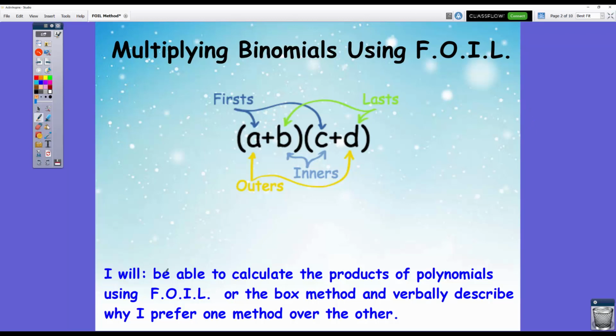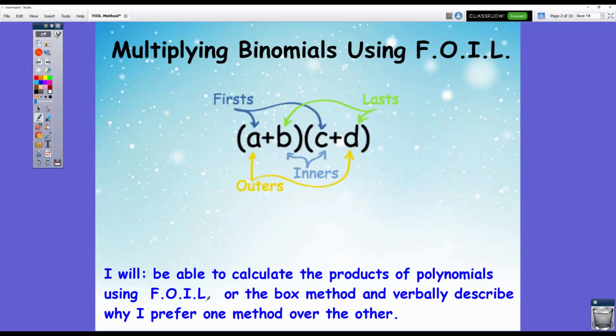Okay, but whichever one you end up using, like the I will statement says, as long as you can calculate the products of polynomials using one method or the other, that's all I want. But I would like for you to also be able to describe what it is about your preferred method that you like more than the others.